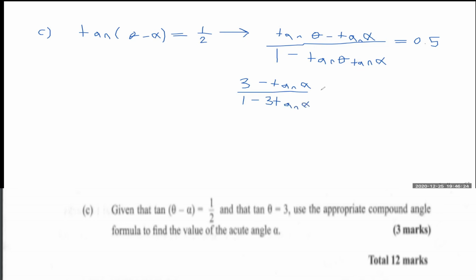And that's equal to a half. So cross multiply it now. And so what are we getting? We're getting 3 minus tan alpha. That's equal to a half times 1 is a half, minus a half times 3 is 1.5 tan alpha.